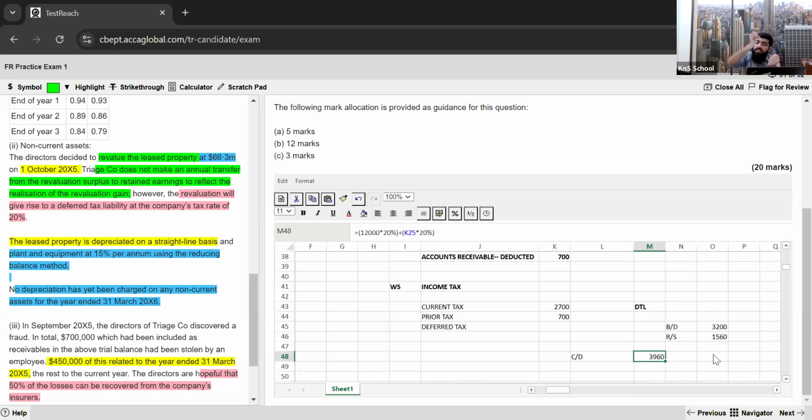Deferred tax on revaluation surplus will become the part of your closing deferred tax liability.